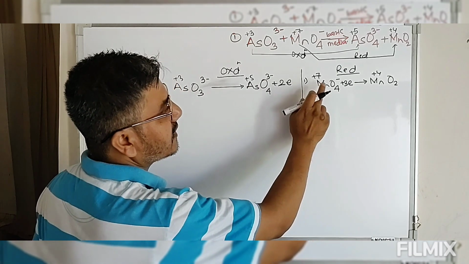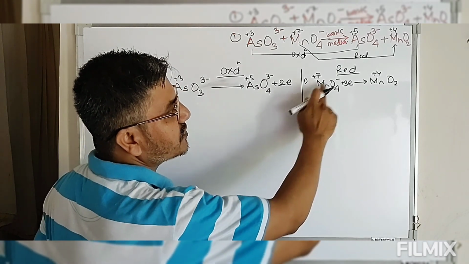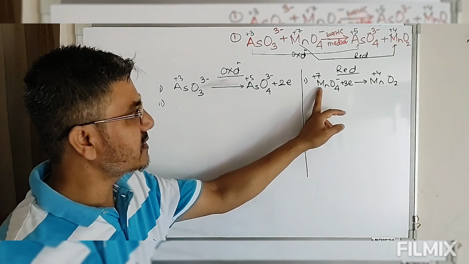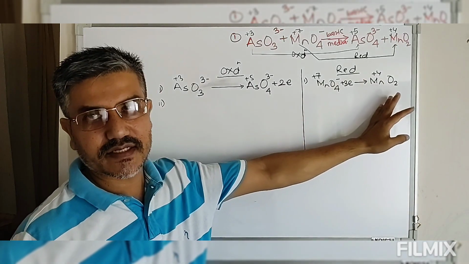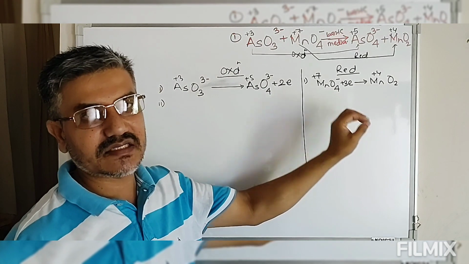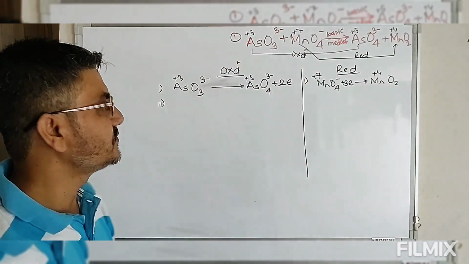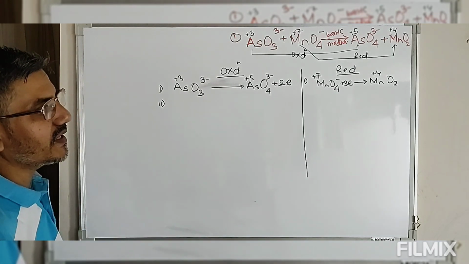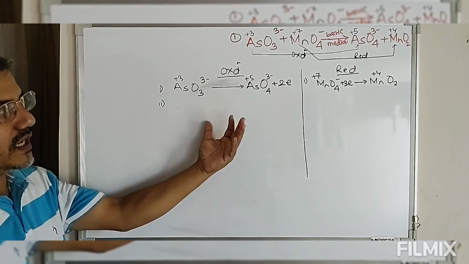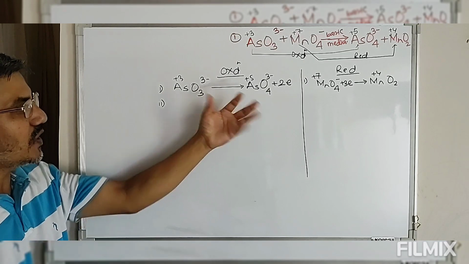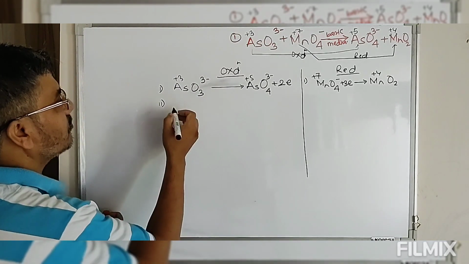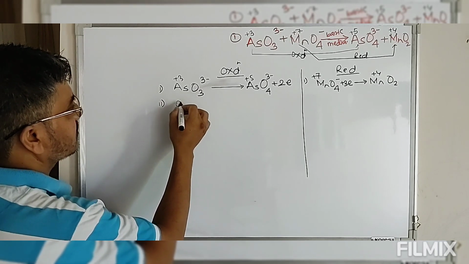Second, Mn is undergoing change in oxidation state. Mn is 1 on the left side, 1 on the right-hand side. So Mn and arsenic are already balanced. Then we have to balance the atoms other than hydrogen and oxygen. There is no other atom. So next we have to balance oxygen.